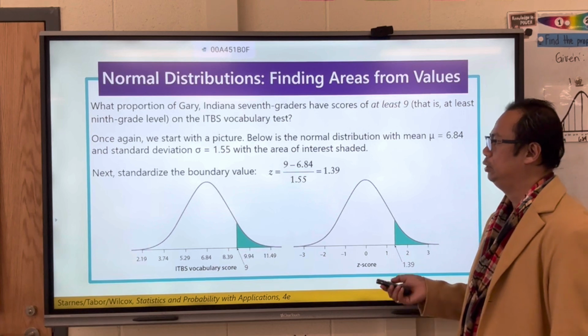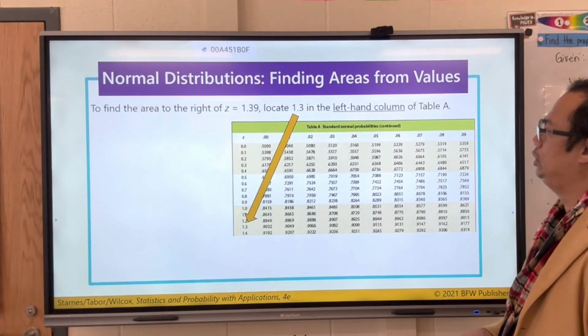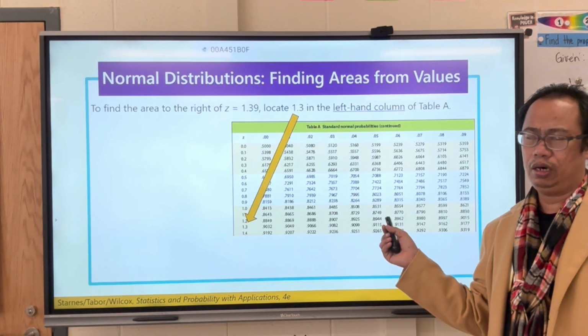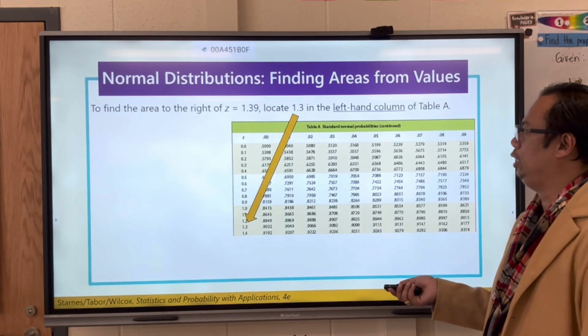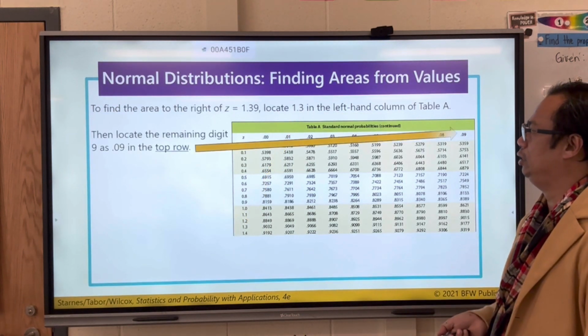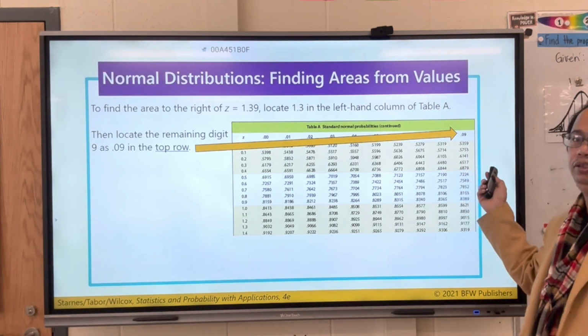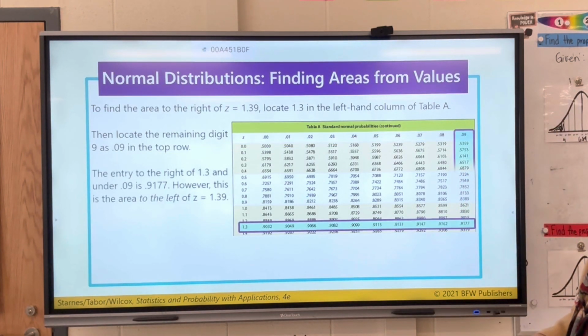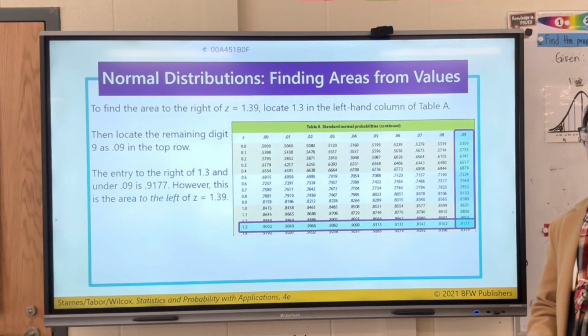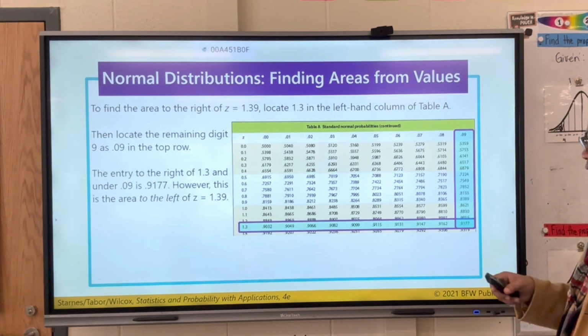So the next part, we still use the table, the standardized table. 1.3, then the 0.09, see that? And then we got 0.9177.